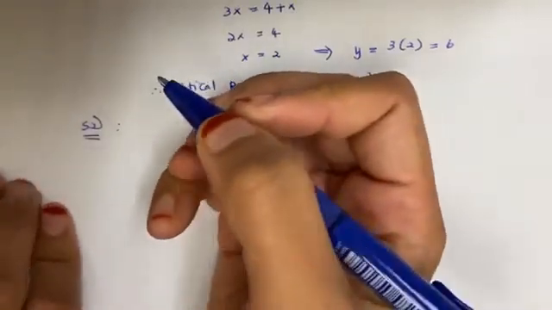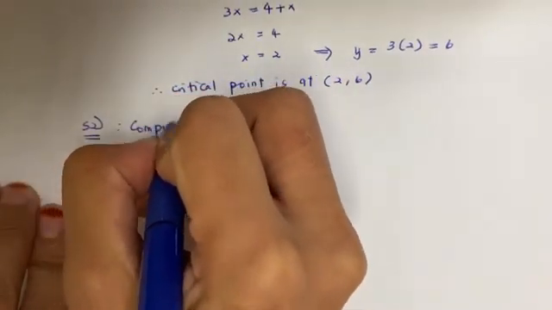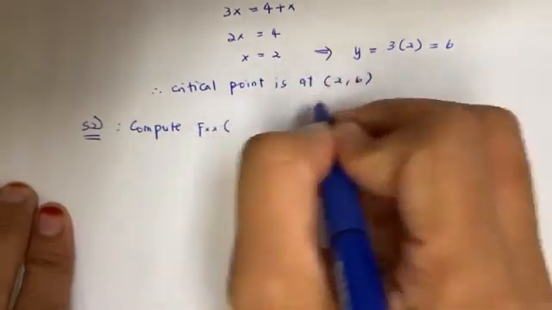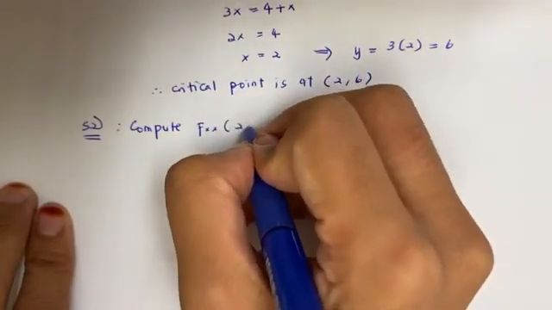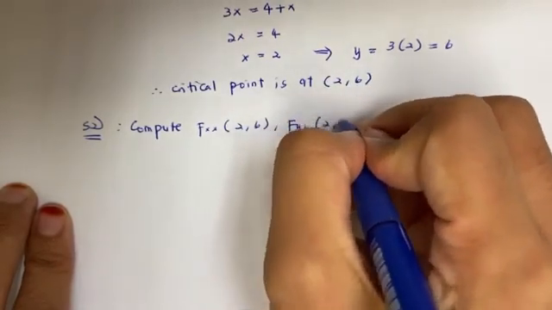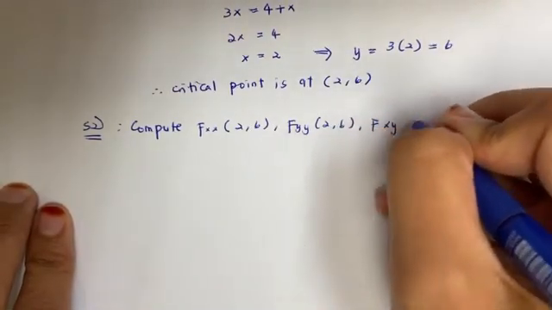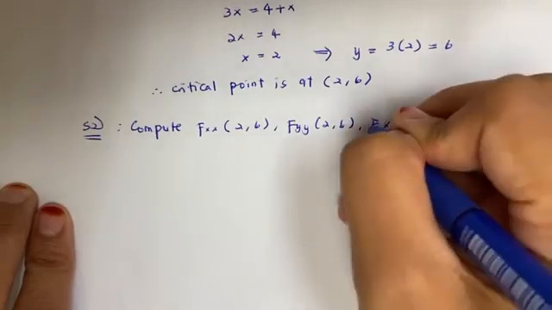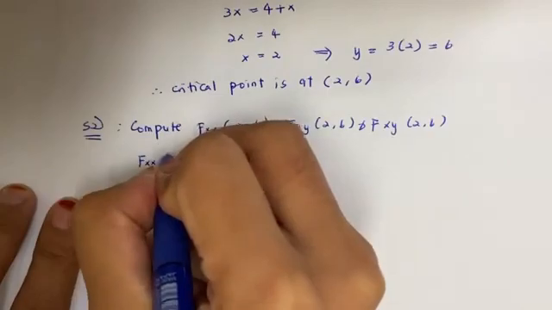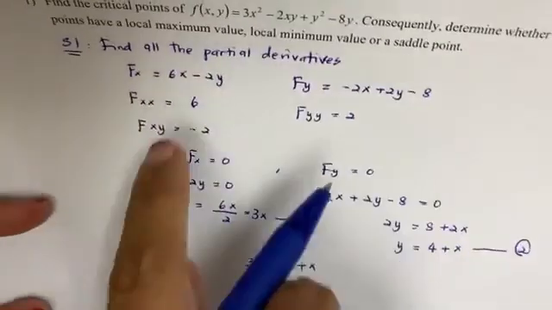Second step. Okay, for the second step, you need to compute fxx at your critical point. So your critical point is 2, 6. fyy at 2, 6. And then fxy at 2, 6. Okay, so fxx at 2, 6 is equal to, okay, so fxx is 6.